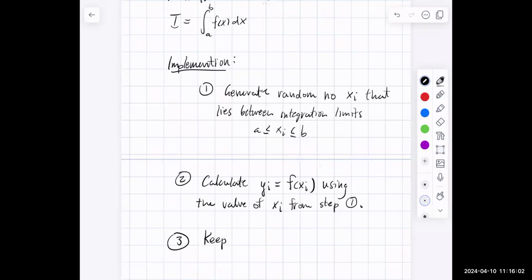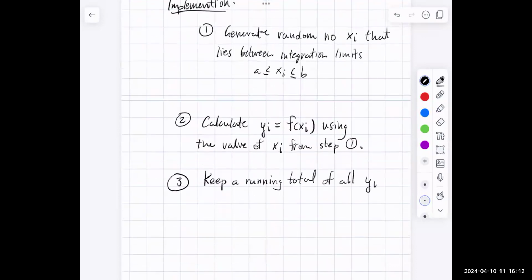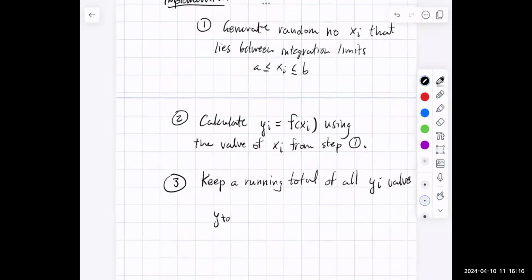So let's keep a running total of all yi values. So y total is going to be equal to y total plus yi.